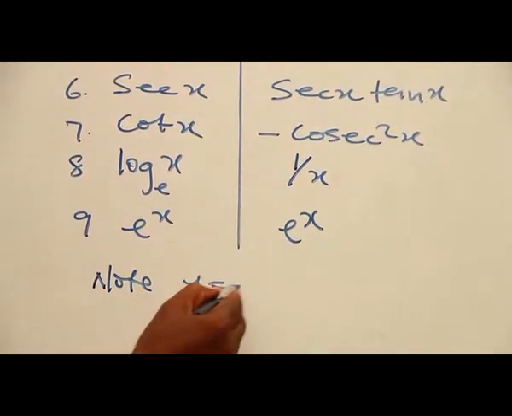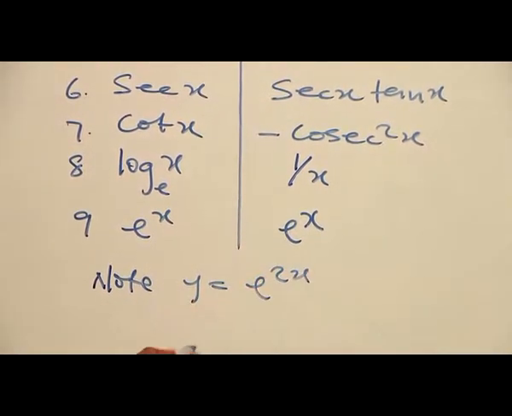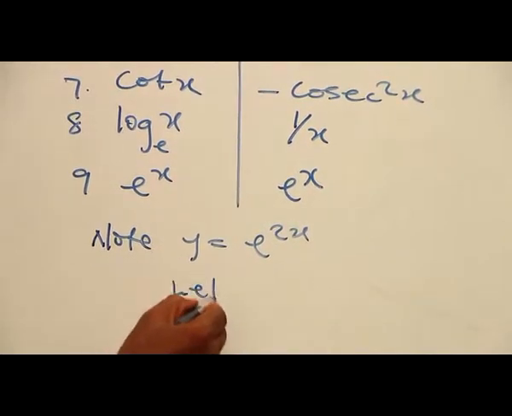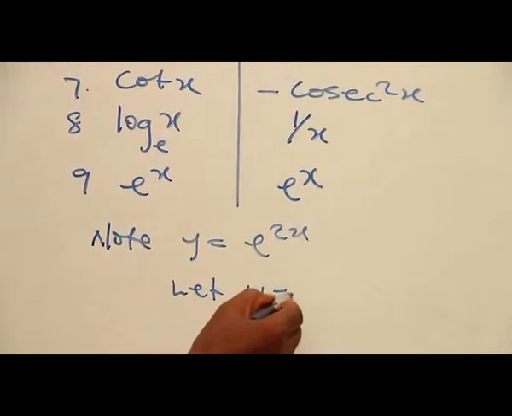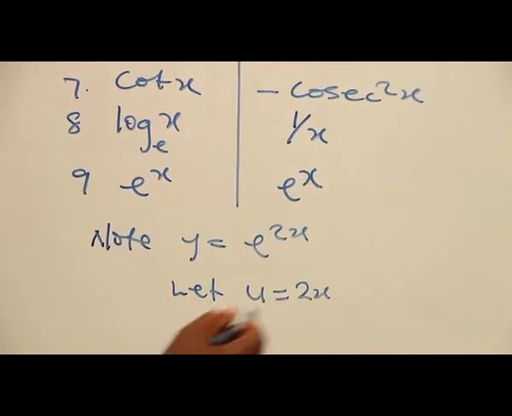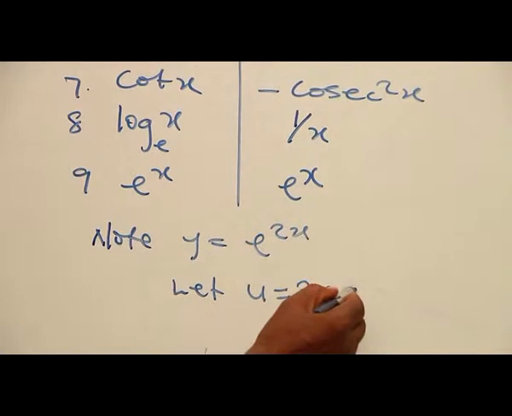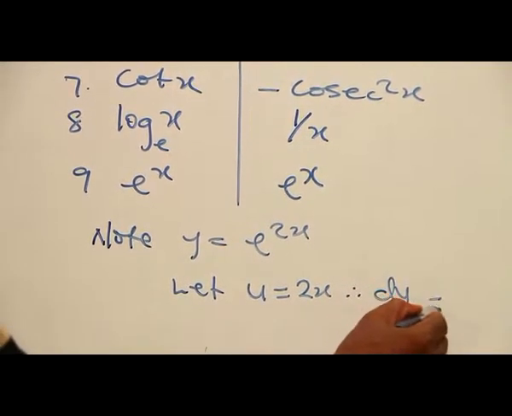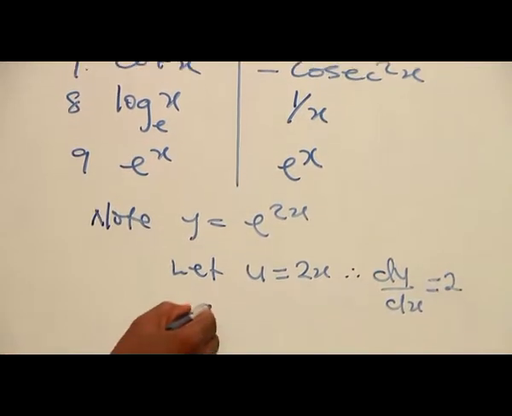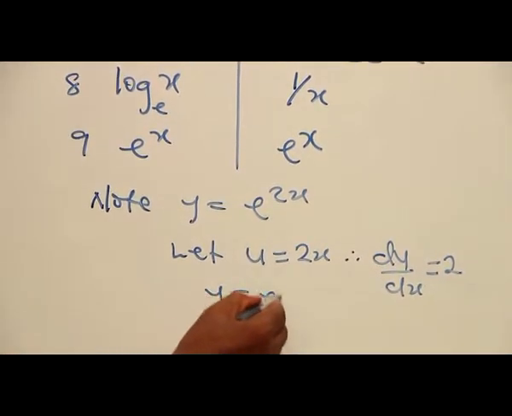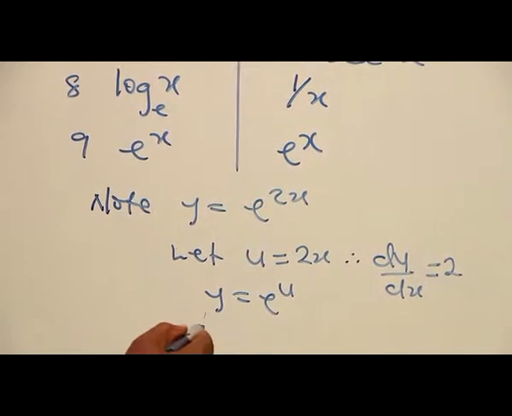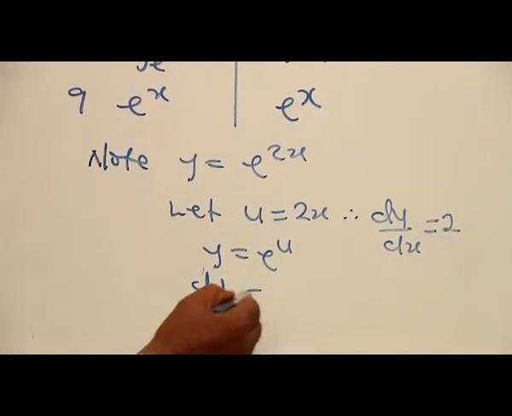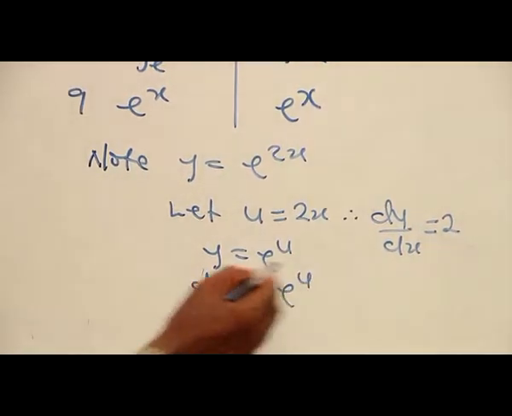If y is equal to e raised to power 2s, then for the derivative of this one, you will now say let u be equal to 2s. So we now have, therefore, du over dx is equal to 2. Then you now have y is equal to e raised to power u, and dy over du is equal to e raised to power u.